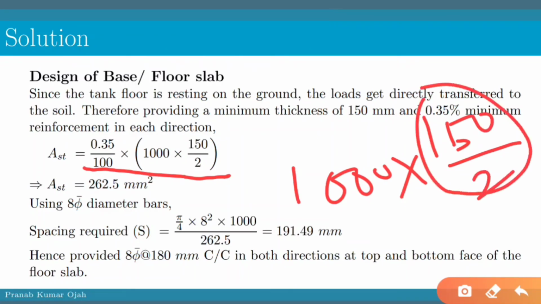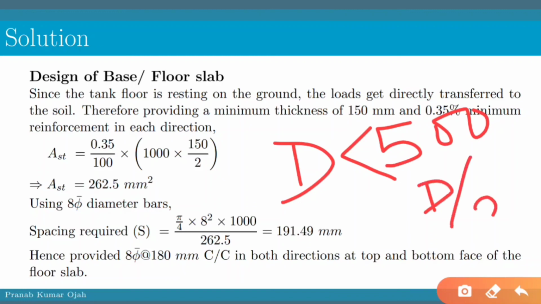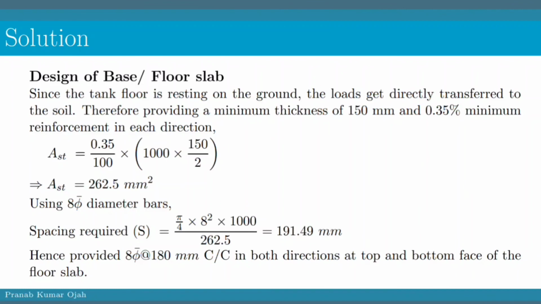Why 150 by 2? Because as per the IS code, if D is less than 500 mm, the thickness should be taken as D by 2 for calculations, as we already discussed in this video. So the AST comes out as 262.5 mm square.